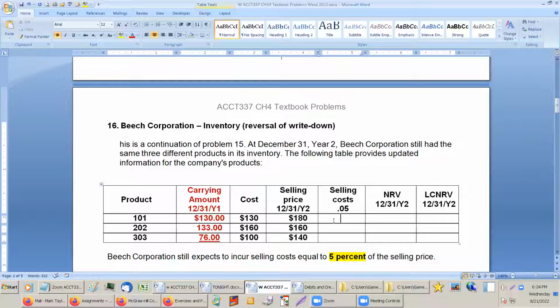And it looks like product 101 went up to 180. And that would be 5% as the cost. $60 times 0.05 is $8, I think. So would that be 152?